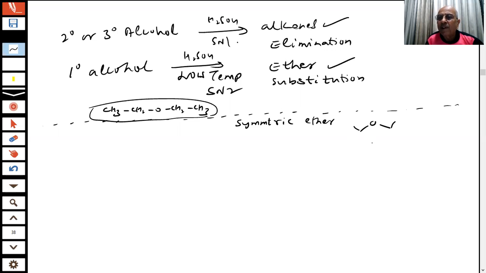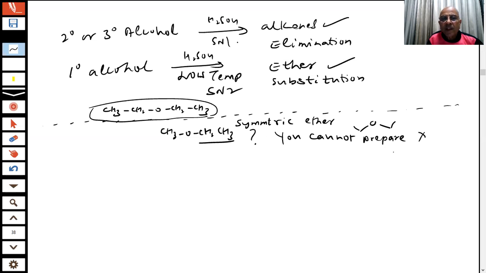But supposing I want to prepare ether like CH3 O CH2 CH3, so how will you prepare? You cannot prepare by using this method, because what alcohol you will use, then tell me. There will be mixtures which will be formed. और मुश्किल पड़ेगी, ये नहीं बनता इससे. तो फिर हम क्या करें?